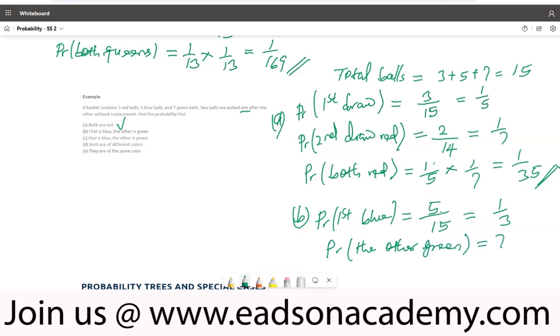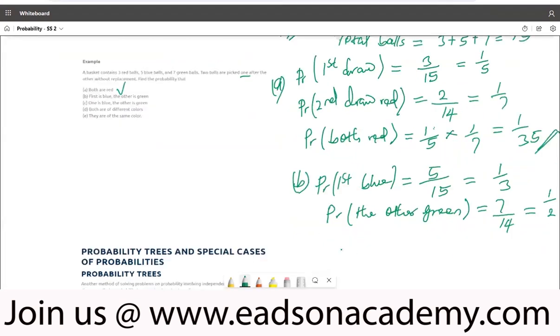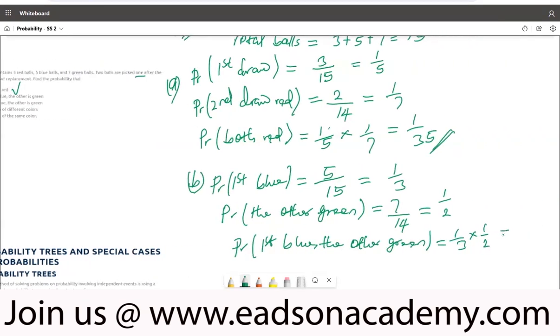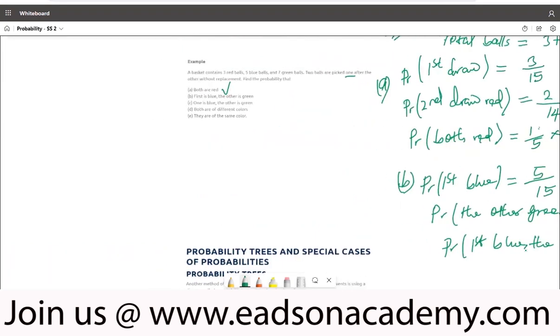But in this first draw, we have drawn 1 ball. So the total number now becomes 14. So you drew 1 ball in this first draw, which is 7 over 14, or 1 over 2. Therefore, the probability that first is blue, the other green is 1 over 3 times 1 over 2, which is 1 over 6.